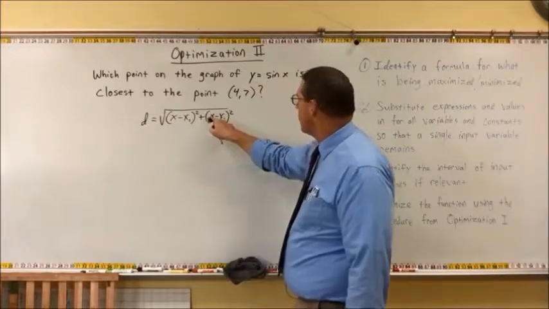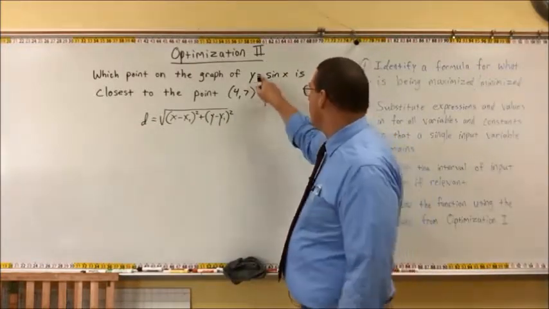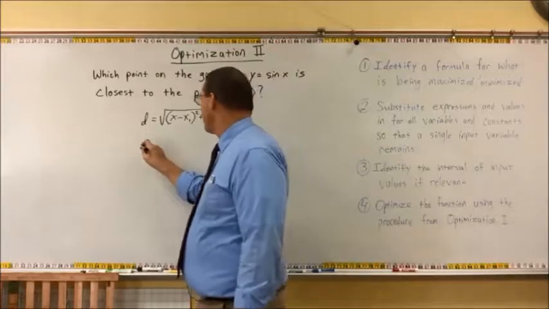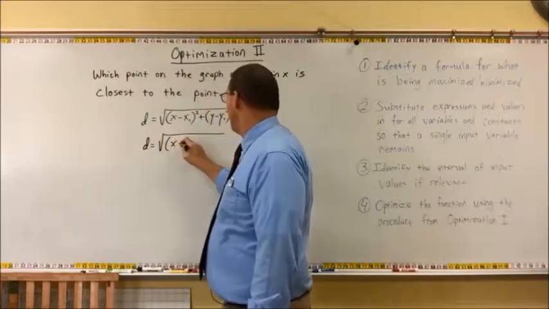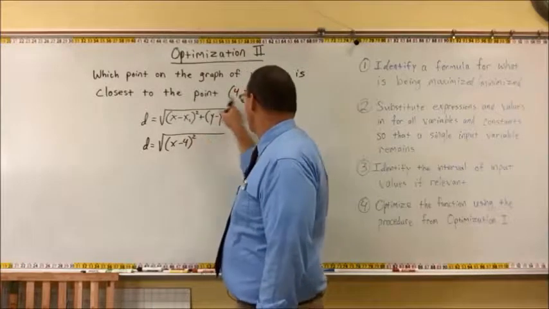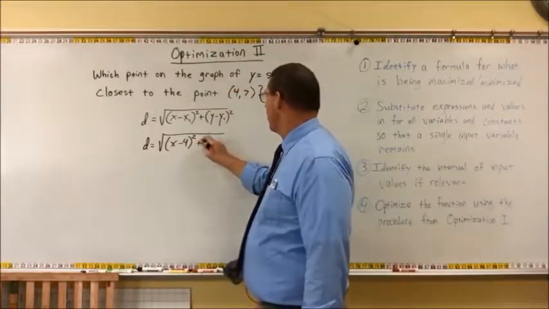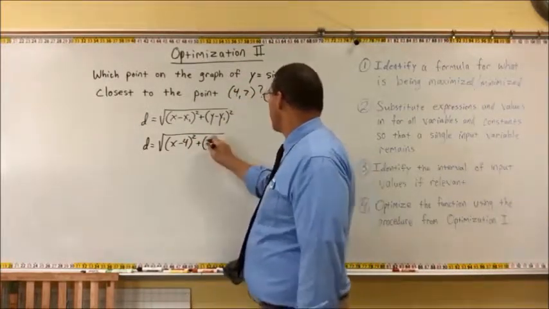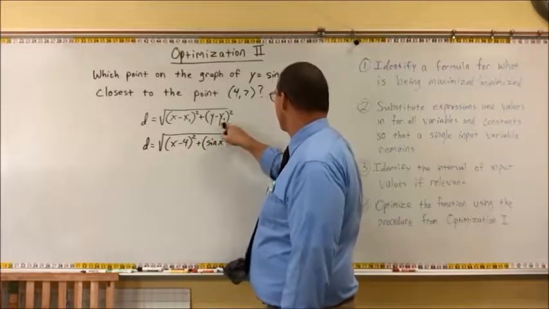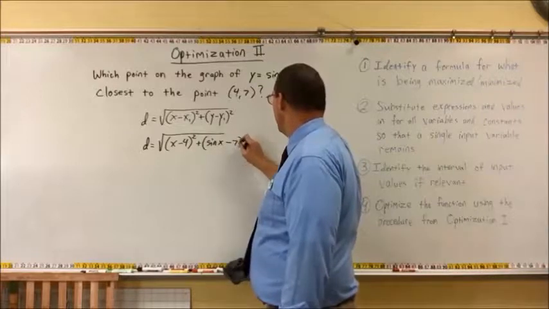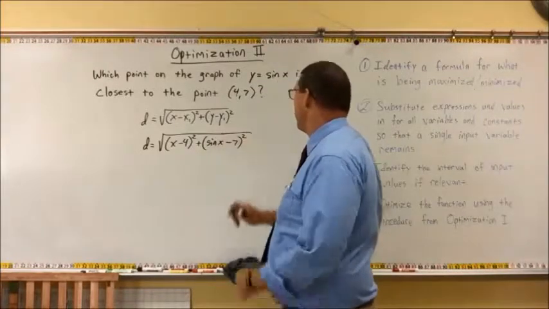And where the y is, we're going to put in sine of x because y is equal to sine of x. So our distance formula is the square root of x minus 4 squared, plus, instead of a y, we're going to put in sine of x, minus, instead of y1, we're going to put in 7 squared. This is the square root all the way over.